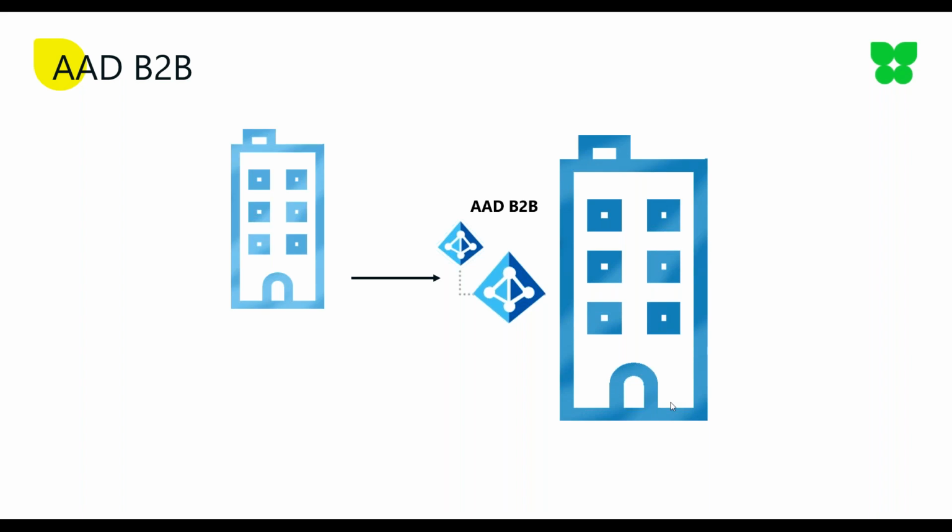But they can also access your directory and your tools and Office 365 and so on if they're an individual, or even if they're part of a small company which doesn't have a major identity provider. So the way this works is you send them an email invite, and they will respond and sign in using their email.